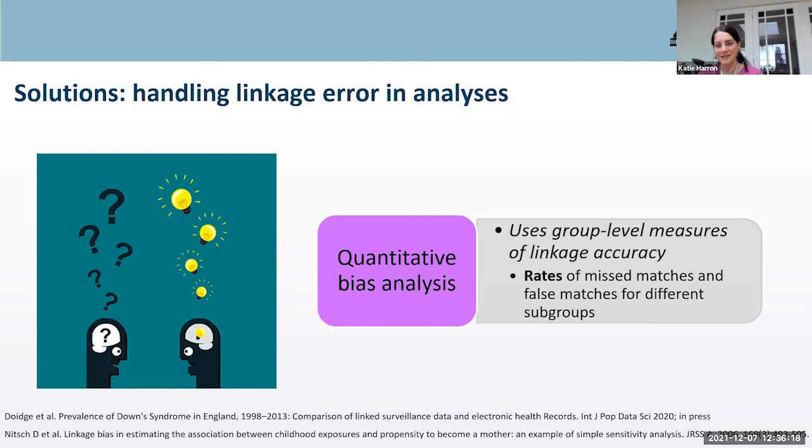So if we know that we've missed 5% of matches, we can add those 5% back in to work out what our answer would have been. So this gives us a way of seeing how much linkage error would be needed to change the interpretation of our results, which can be quite helpful.